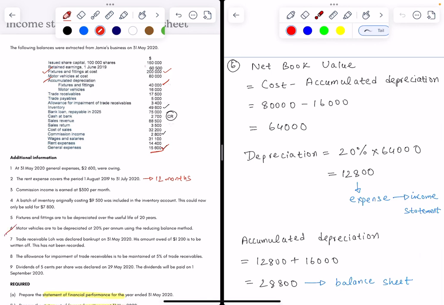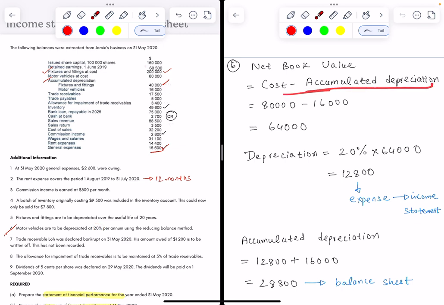Motor vehicles are to be depreciated at 20% per annum using the reducing balance method. Now, under the reducing balance method, first of all, we want to calculate the net book value. The net book value is simply the difference between the cost and the accumulated depreciation. What is the cost?